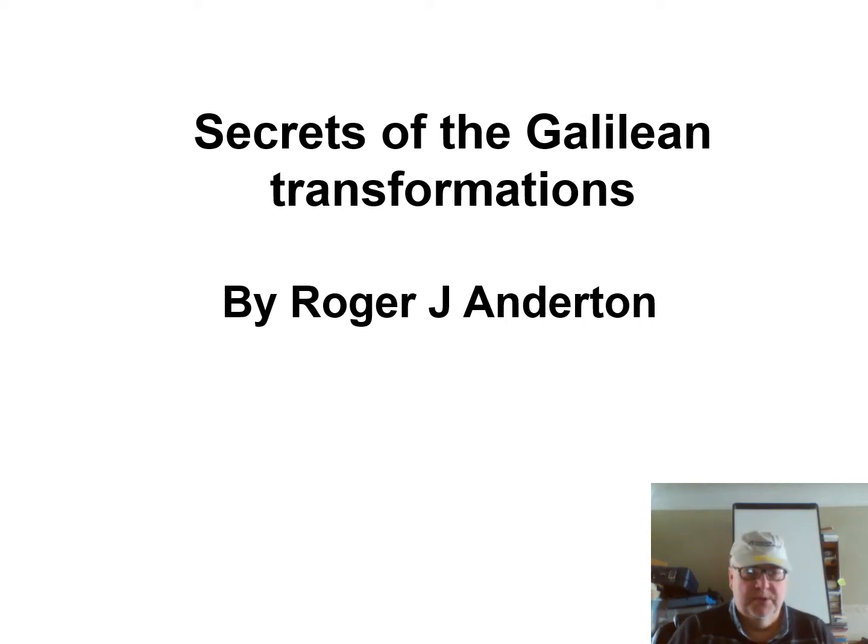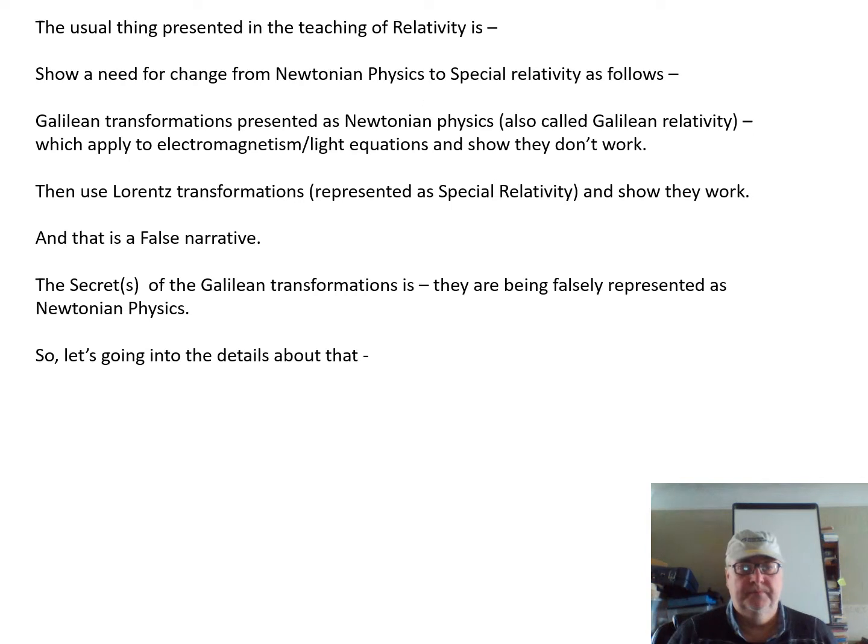So this talk is called Secrets of the Galilean Transformations. The usual thing presented in the teaching of relativity is to show there is a need to change from Newtonian physics to special relativity, and they do that by showing the Galilean transformations, presented as Newtonian physics, also called Galilean relativity, when applied to electromagnetic light equations, they don't work.